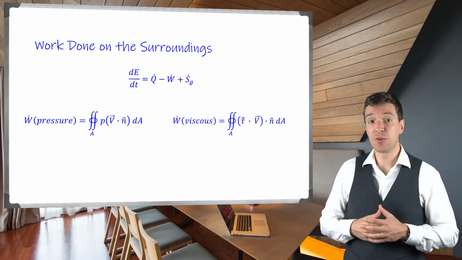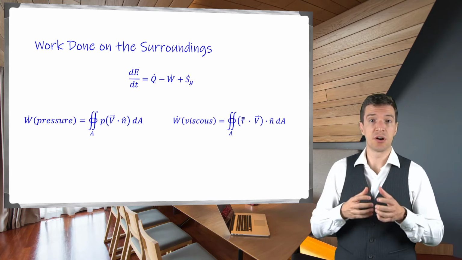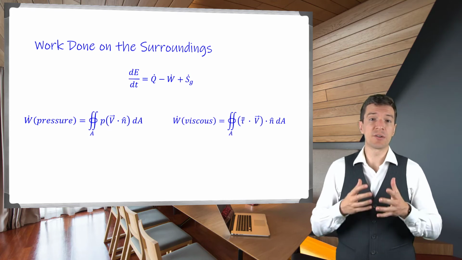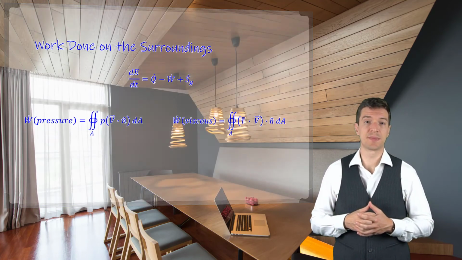The other form of work is the viscous work, that is done by the action of the viscous shear stresses, that we can consider as a viscous dissipation term. The viscous work can also be seen as a friction work that is transformed into heat.